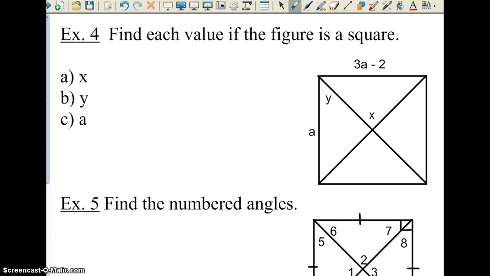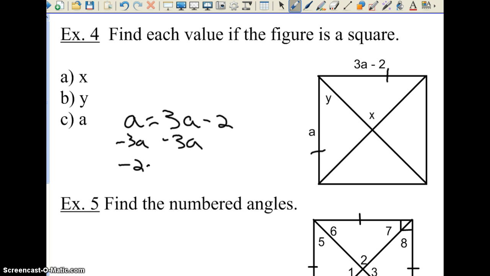Find each value of the figure as a square. So we want to find the A, the X, the Y, and that'd be it. Well, first of all, the A. These sides are congruent. So A is equal to 3A minus 2. When I solve that, I'm going to subtract 3A from both sides.